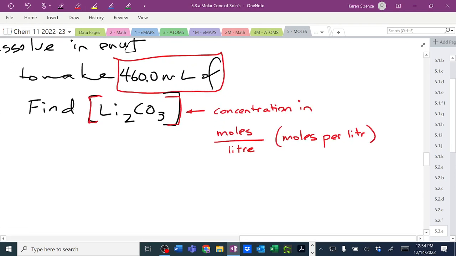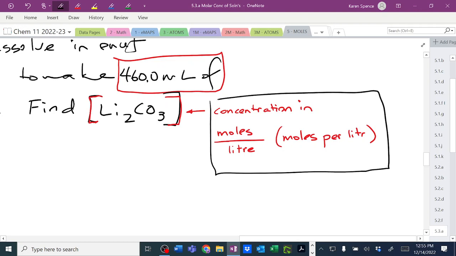What's another way of saying concentration in moles per liter? Another way of saying that is big M. Another way of saying that is the molarity.